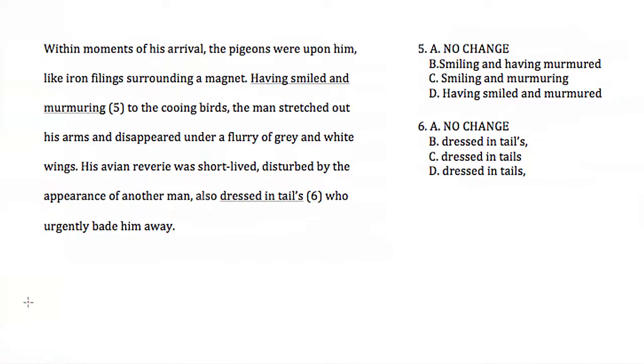Now in the second sentence of that following paragraph, we can find question 5. And it's asking about this: having smiled and murmuring to the cooing birds, the man stretched out his arms and disappeared under a flurry of gray and white wings. Do we want to replace this with smiling and having murmured, smiling and murmuring, or having smiled and murmured?